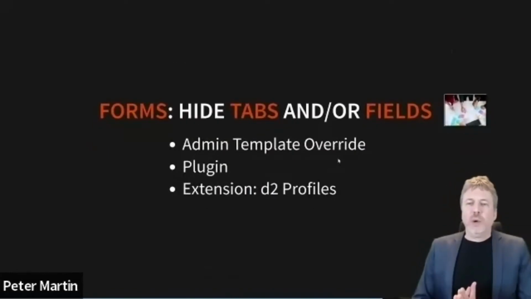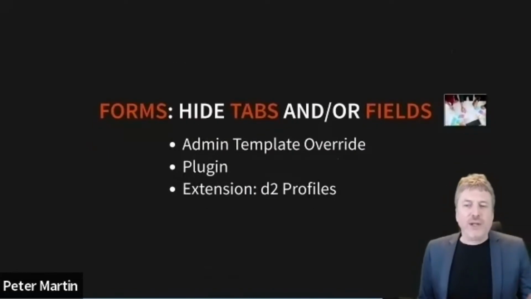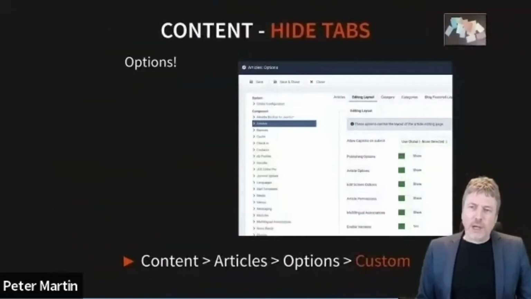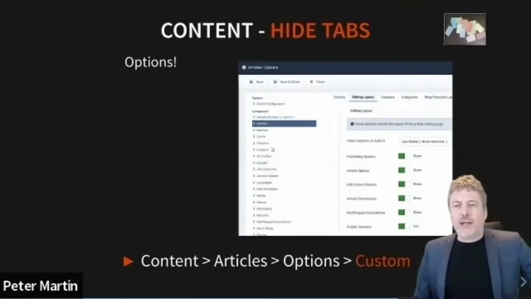I will show you two ways, and I mentioned another one, to hide tabs or fields. So first of all, template overrides. Before you do an override, there is something in Joomla called options.